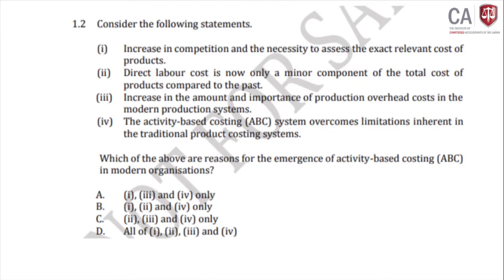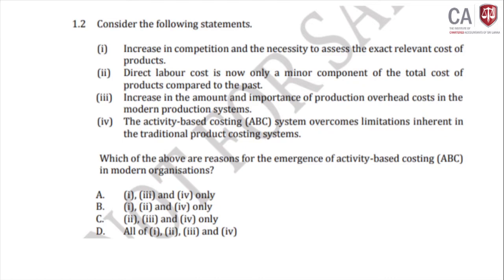Let's look at number four. Activity-based costing system overcomes limitations inherent in traditional costing systems. In traditional costing systems, we're talking about absorption costing, we use just one flat rate to relate the overhead to the end unit. Whereas ABC breaks the overhead into pieces called different activities, cost pools. For each you will have cost drivers and you have different rates.